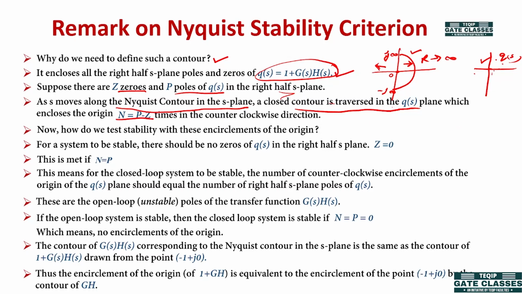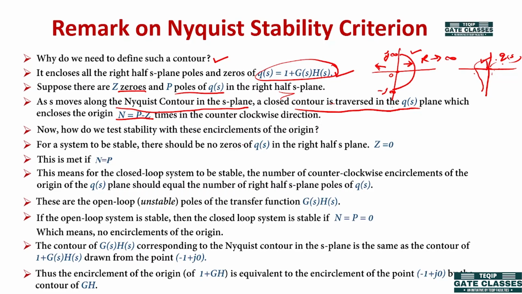So if this plot is like this, the encirclement must be n equal to P minus Z times in the counterclockwise direction. Now, how do we test stability with these encirclements of the origin?